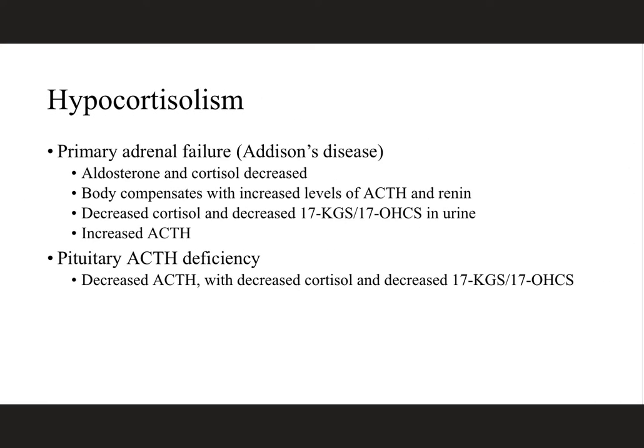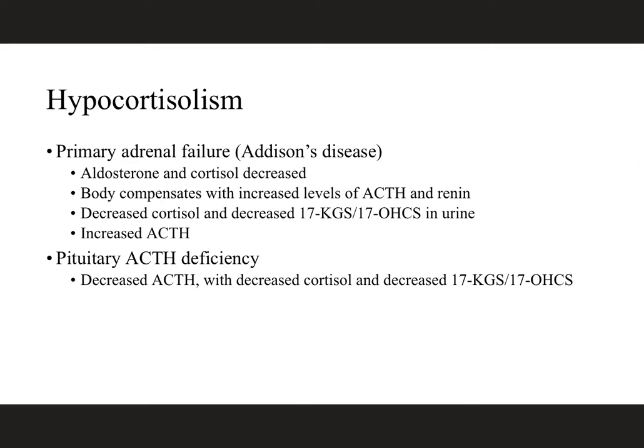So what happens when we don't have enough cortisol being produced? We go under a condition known as hypocortisolism. Look at it as primary adrenal failure as your main cause. This is something called Addison's disease. With Addison's disease, we'll have a decrease in aldosterone and cortisol. Remember that the adrenal gland gets kind of lazy, so not only is it decreasing cortisol, it's decreasing some of our other hormones.